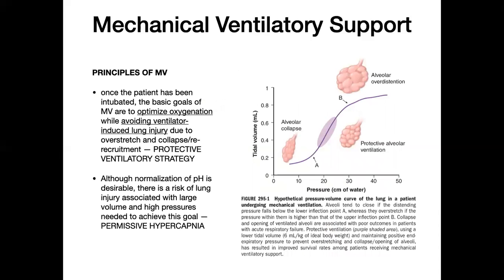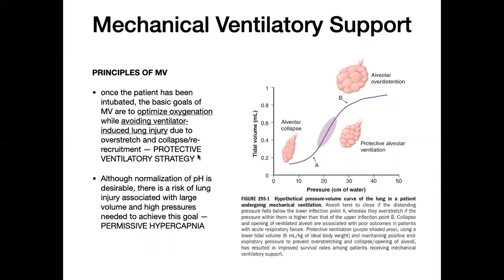So the principle of mechanical ventilation is that once the patient has been intubated, the basic goal is to optimize oxygenation while avoiding ventilator-induced injury. And this is injury produced by the overstretch and the collapse and re-recruitment of the alveoli. So with this approach, we call that the protective ventilator strategy.